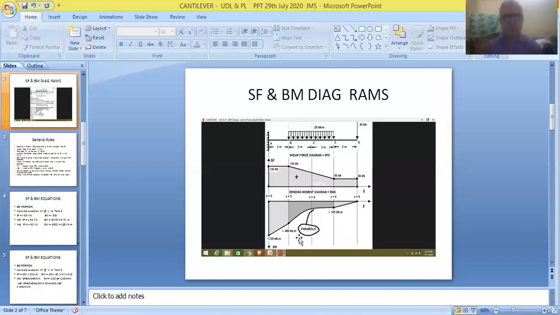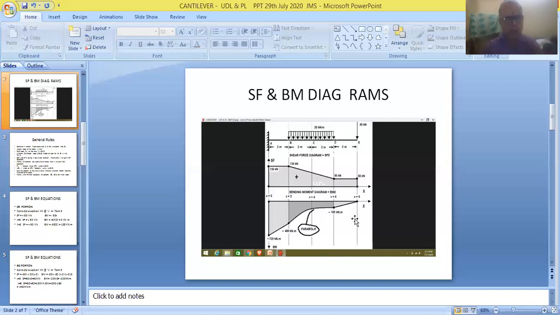And at X is equivalent to 6 meter, it is obtained as minus 460 kilonewton meter, so this has to be marked as minus 460. And friends, at X is equivalent to 8, that is at the last point, we got minus 720. So minus 720 is marked at this point, that is the fixed end.